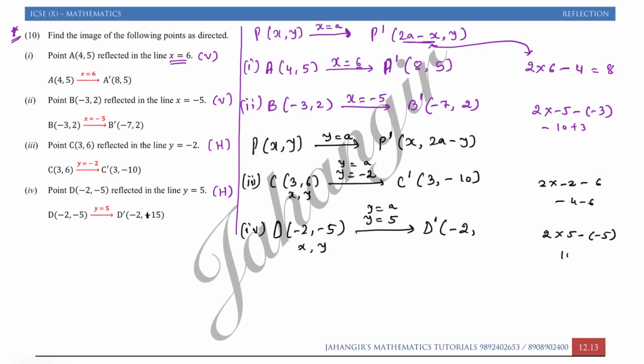So 10 plus 5 is 15. In this way it gets reflected. Let me check it out. In the question it is y equal to 5 only. Reflected in y equal to 5, so 2 into 5 is 10, 10 minus of minus 5 will become plus 5. So here there is a typing error. So make it proper.